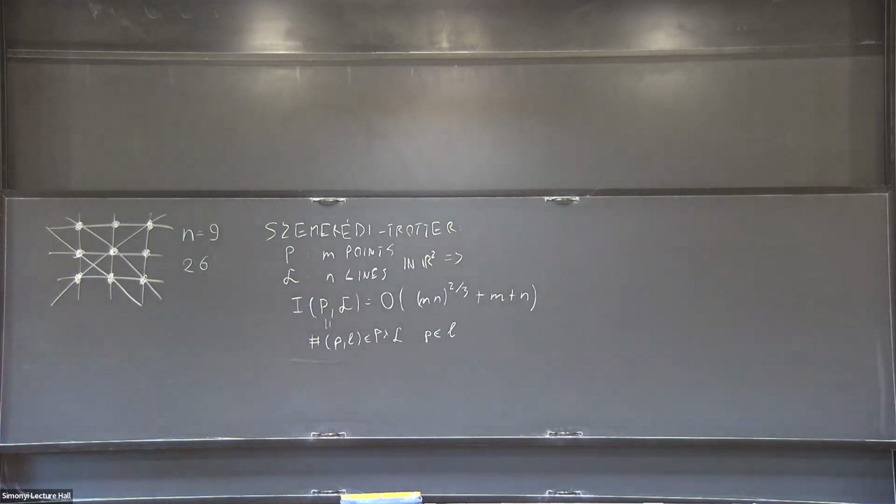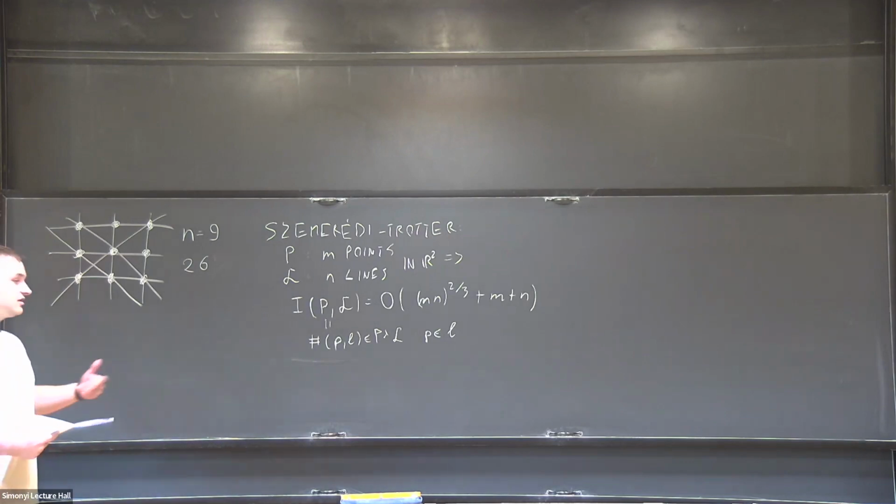One of the most famous of these is the Erdős unit distances problem, which asks what is the maximum number of unit distances determined by n points in the plane? The currently best known upper bound, n to the 4/3, comes from an application of the Szemerédi-Trotter theorem.